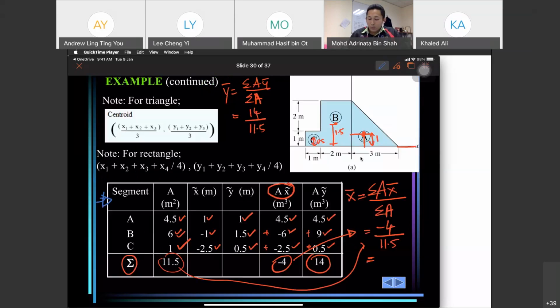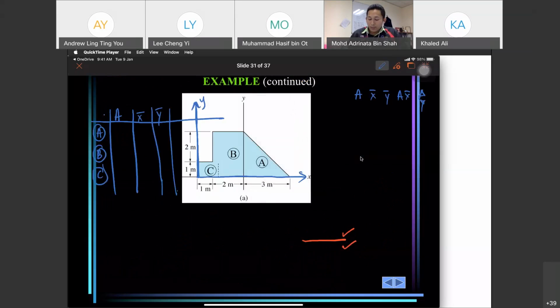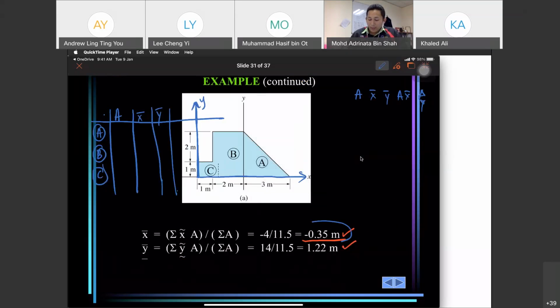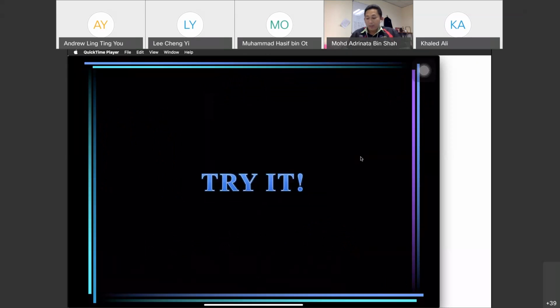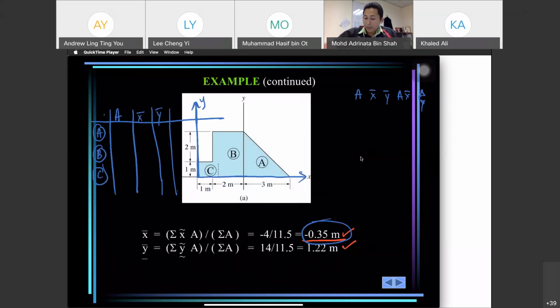I want to know what your answer is for x bar and also y bar, but y bar should be the same. Okay, try it now. So this is the figure.